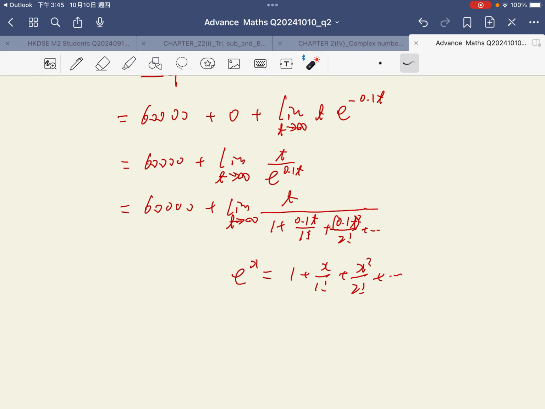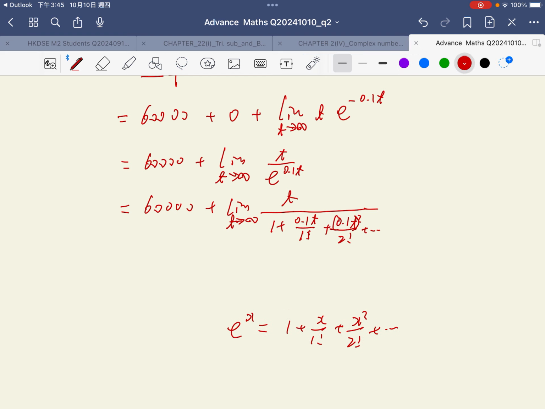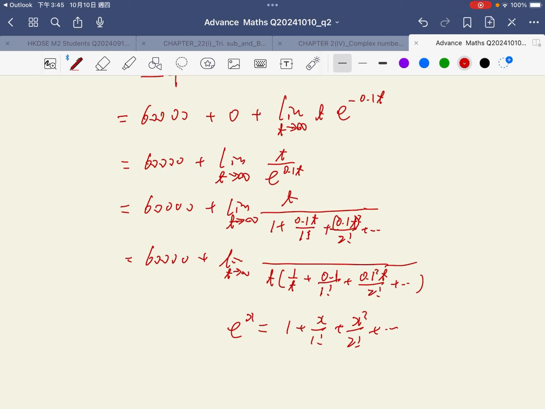Okay, and then factorize t in the denominator, and cancel these two.